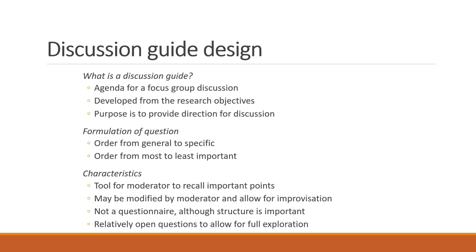Are the process, the questions that you're asking, and the engagement that you're having going to assist you to reach your objectives? And the purpose of this guide is to provide direction for discussion. So you know that after this question, this is what I would like to ask. This is the direction that I would like the focus group to go. So that's important to make sure that you stay on point and on course.